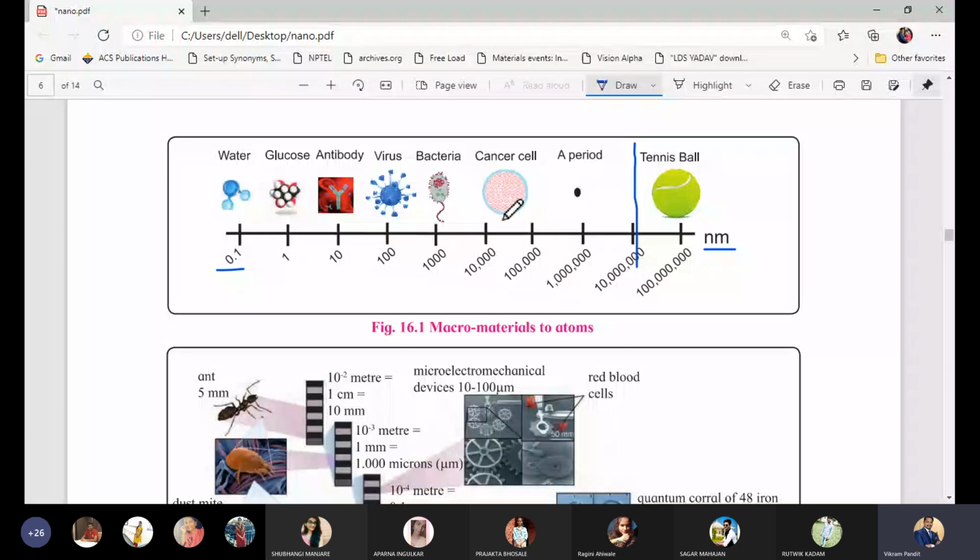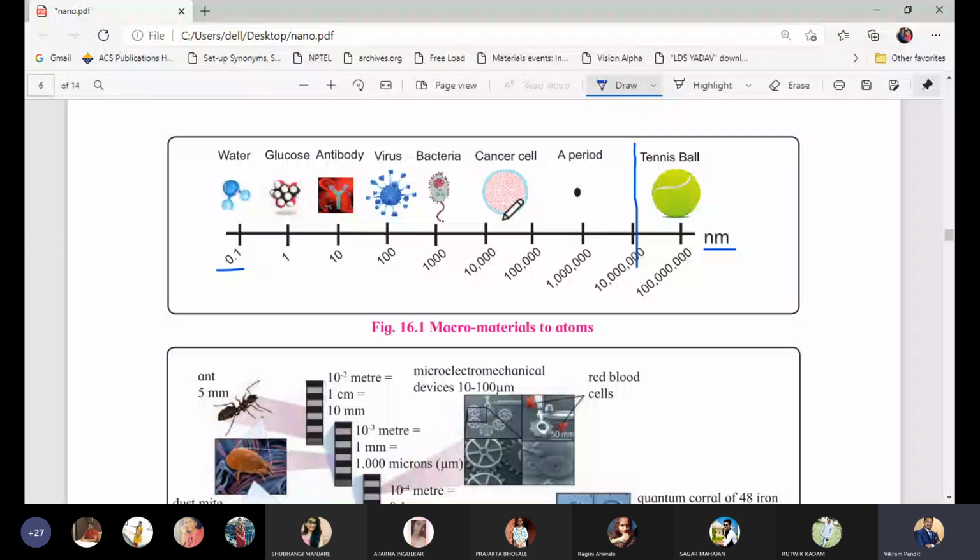We can see the nanometer scale only with certain characterization techniques. These 5 micrometers on the floor we can see with our naked eyes, right? This is like a millimeter. When we go to the micrometer, dust mites we may or may not be able to see.